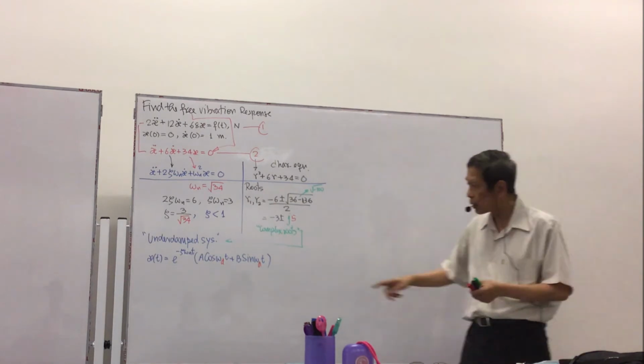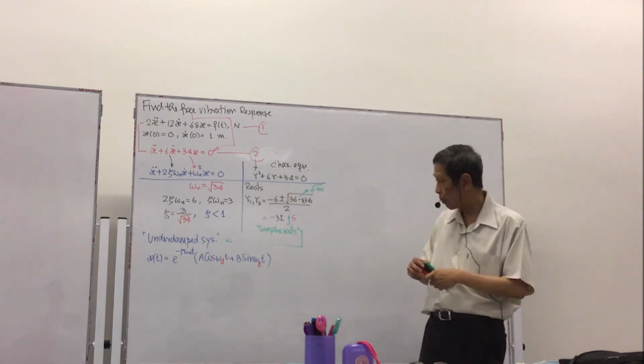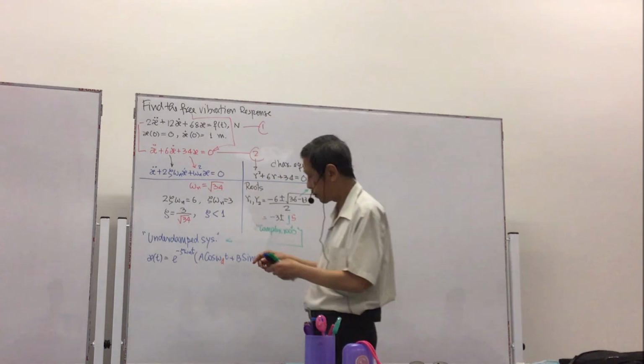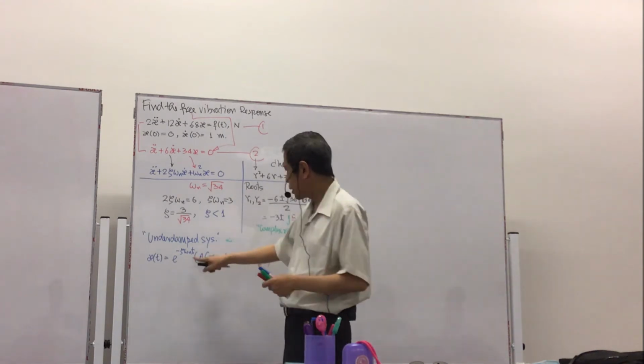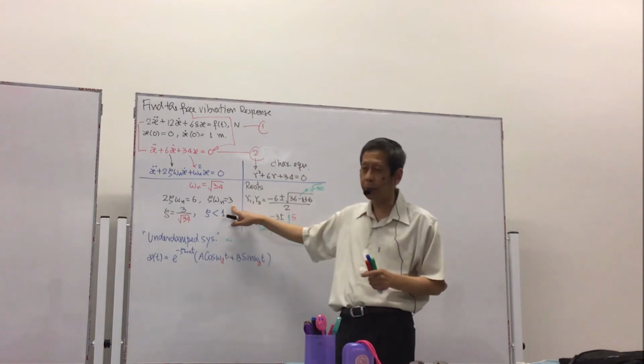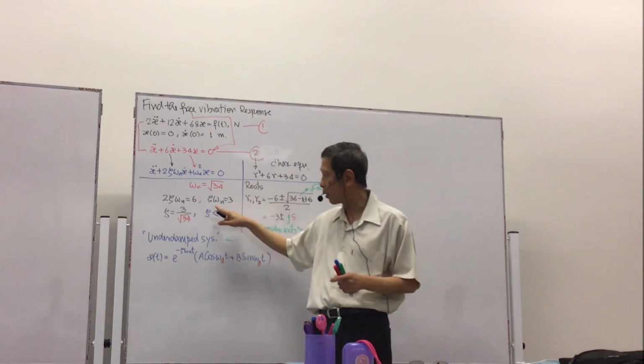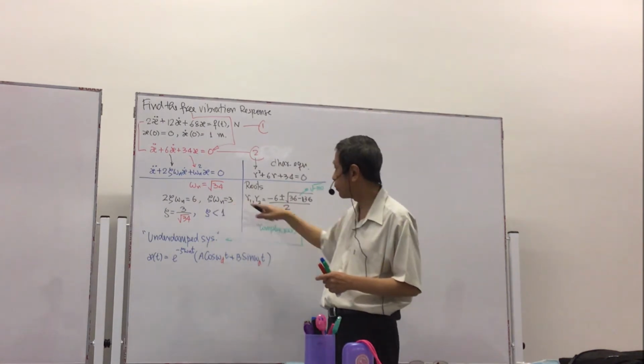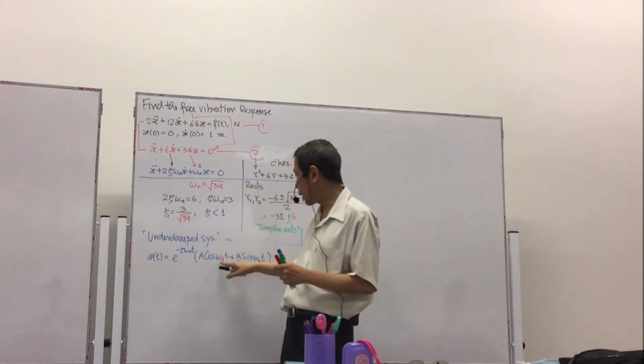Before I continue solving this, one thing you can see is that the solution has zeta omega sub n and omega sub d.